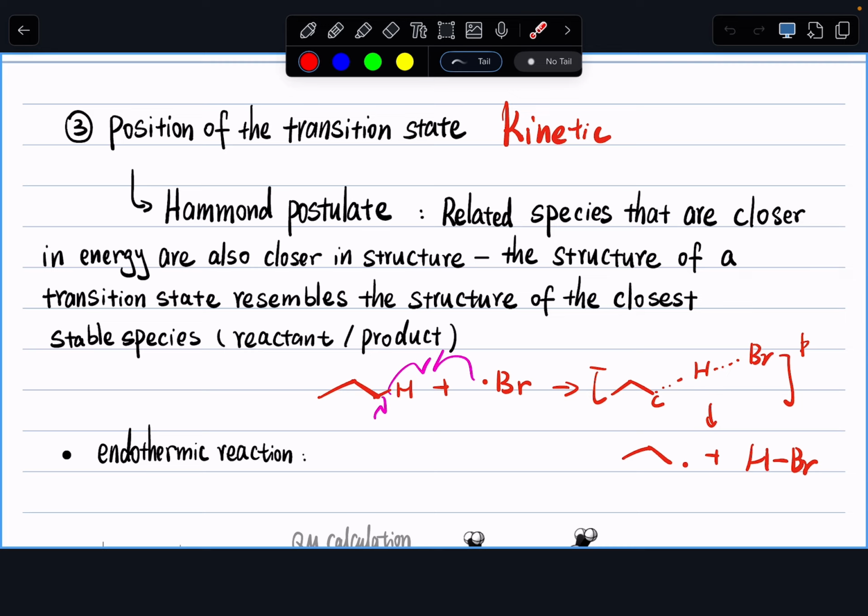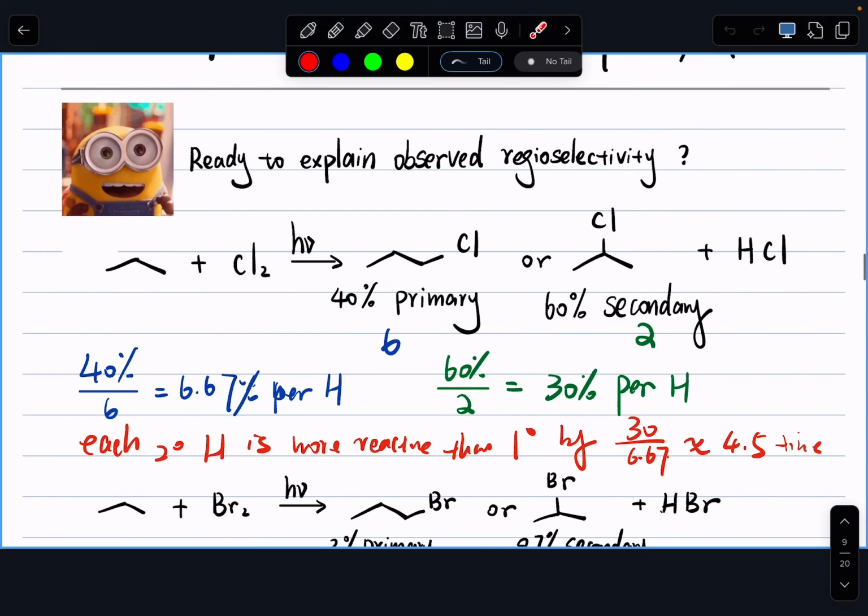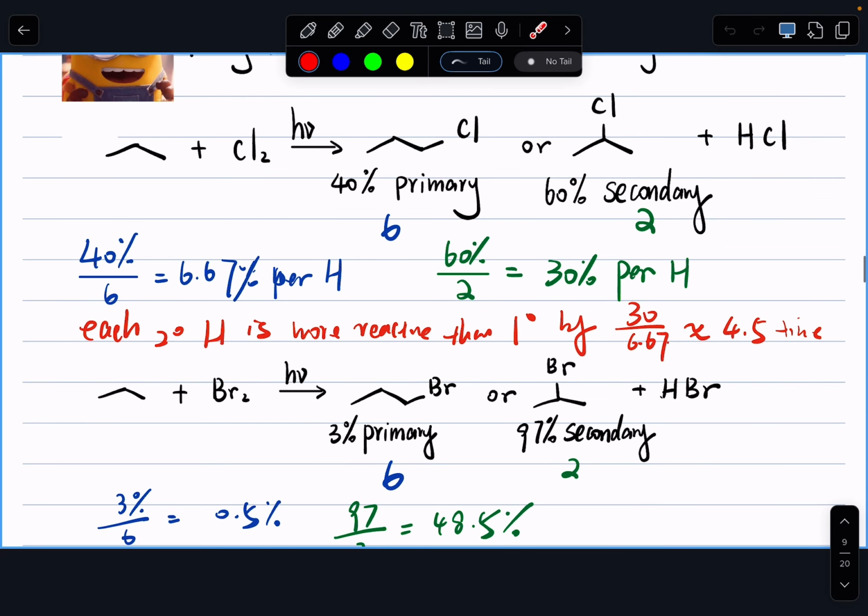Any other questions? Okay, so let's get started. In our last lecture, we went over the mechanism of alkane halogenation via a radical chain reaction mechanism. We then raised the question of what is the origin of selectivity in these alkane halogenation reactions.